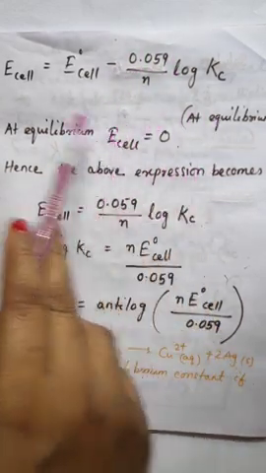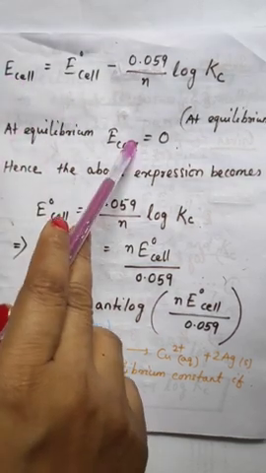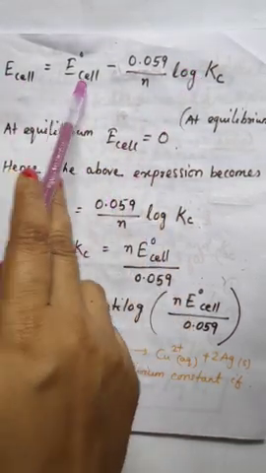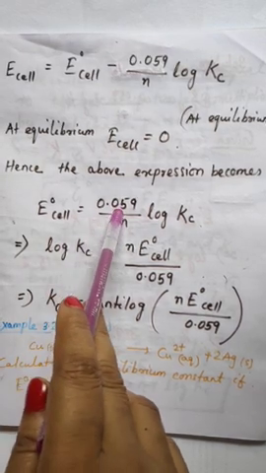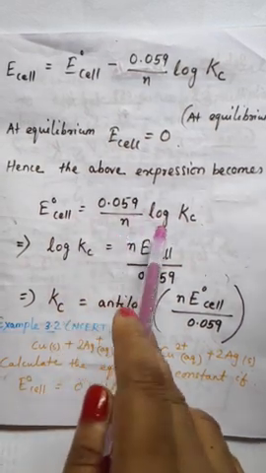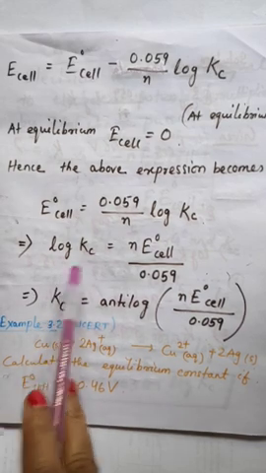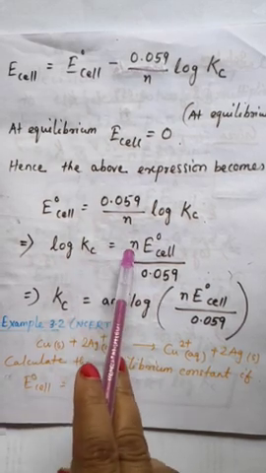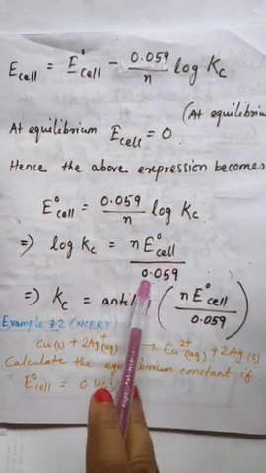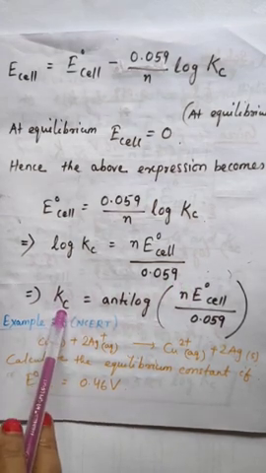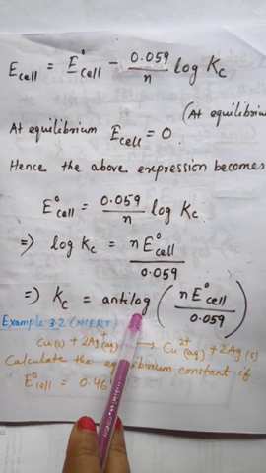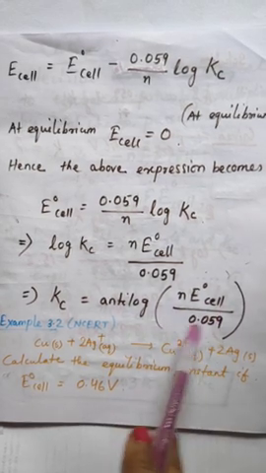At equilibrium, E cell becomes 0, so only the right hand side will be there. E naught cell is equal to 0.059 by N log Kc, or log Kc is equal to N E naught cell by 0.059, or if you want to find the value of Kc, you have to take the antilog of N E naught cell by 0.059.